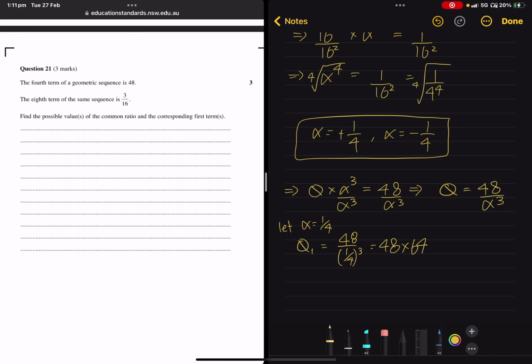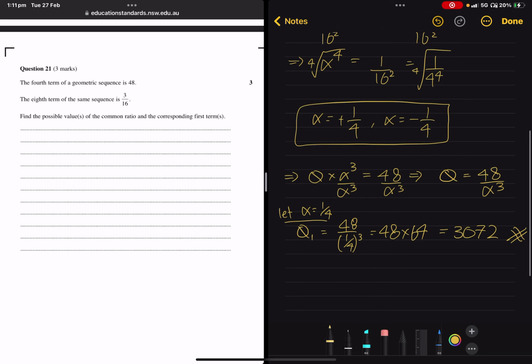Use our calculator to do this. 48 times 64 is 3072. So 3072 is one possible first term. This is the first term if the common ratio is 1/4.